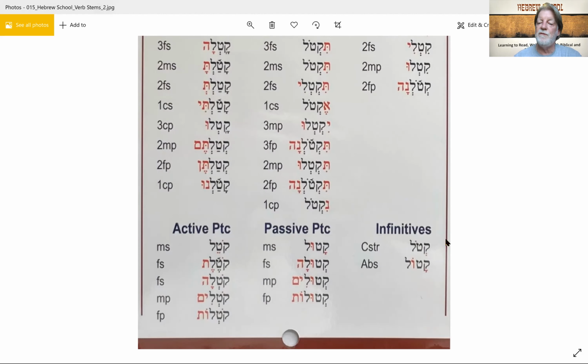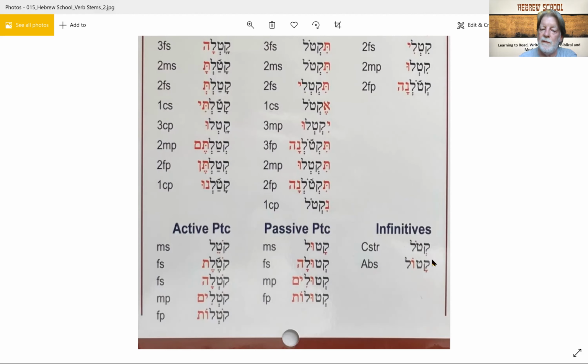And then for the infinitives, the idea of to do something, if you have a schwa holam, so this is katol, participle, kotel, infinitive, katol, and that's a good way to recognize those.